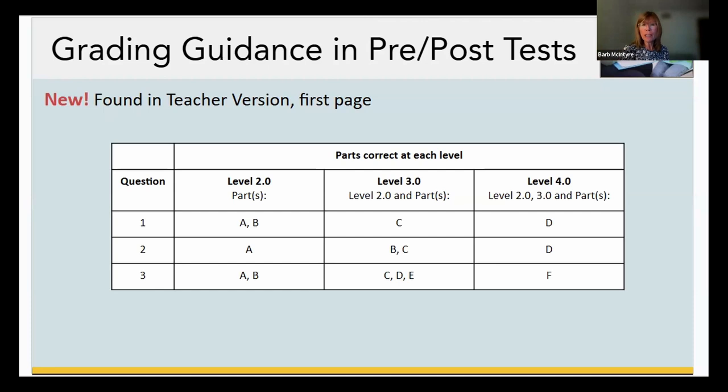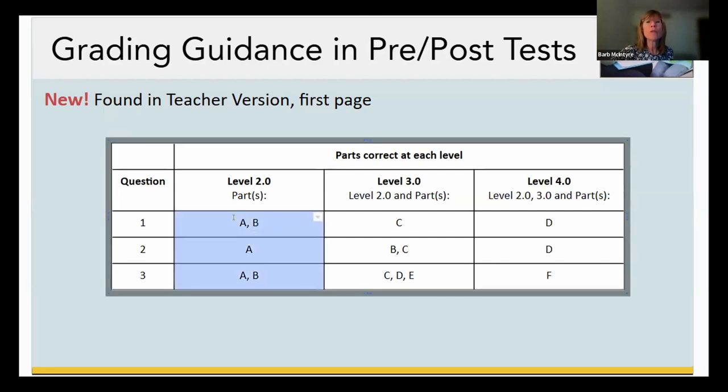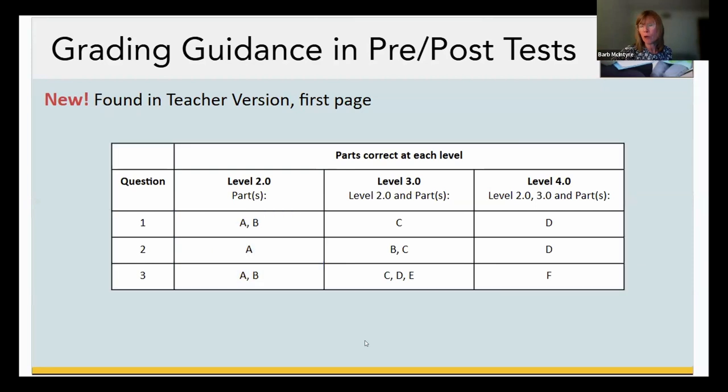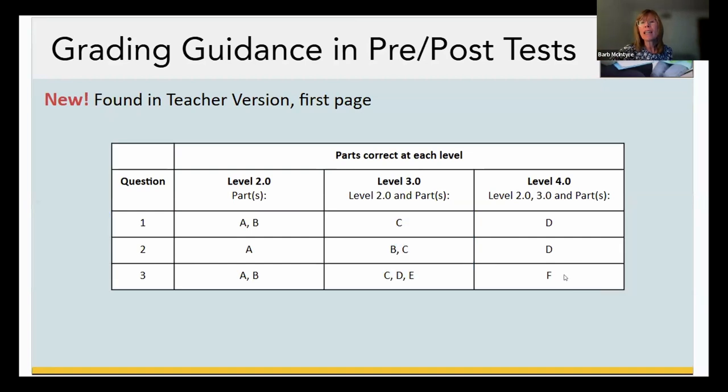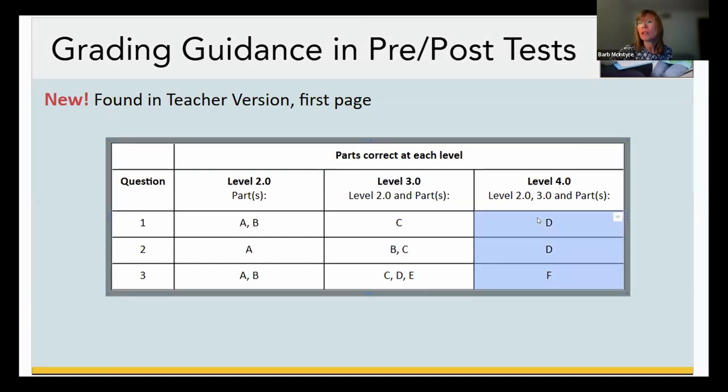Generally, in any question, if you look at these, we're going to find that at level 2, we're going to have a couple of multiple choice questions. They're generally DCI focused, not always, but generally. And then at level 3, we're usually going to bring in the SEP. Usually at level 4, we're going to ask students to put it all together, and we're going to ask them to look through that lens of the CCC. So they might have to make a prediction using cause and effect.